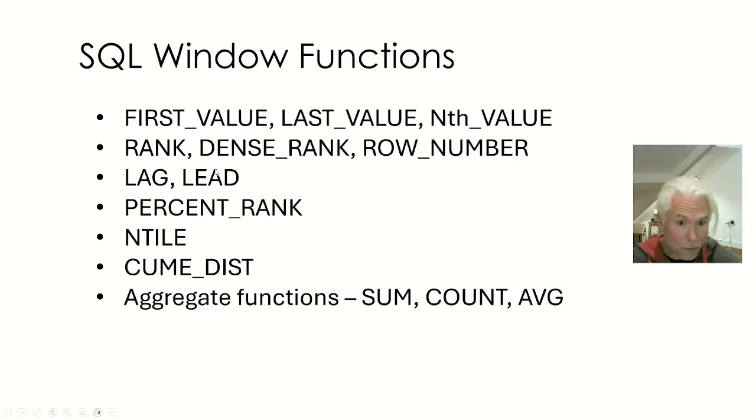imagine, I don't have one in front of me right now, but imagine a data set with thousands of movies and IMDb ratings, or Rotten Tomatoes ratings, something like that. And you wanted to rank all those movies from highest rated to lowest rated. So the rank function, or any of the rank functions, would allow you to calculate for each movie what its rank is using that vertical window of data of all of the ratings.